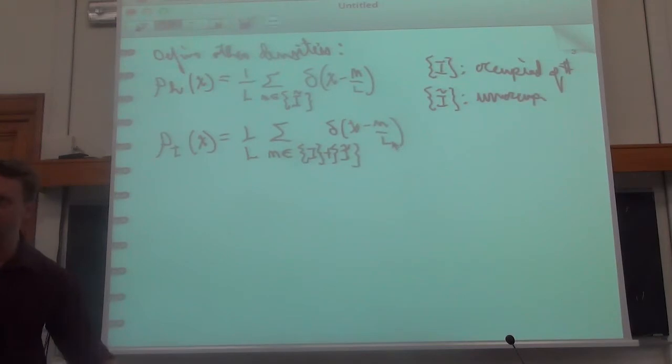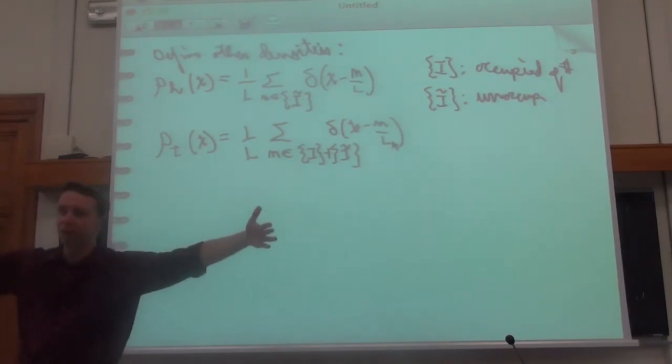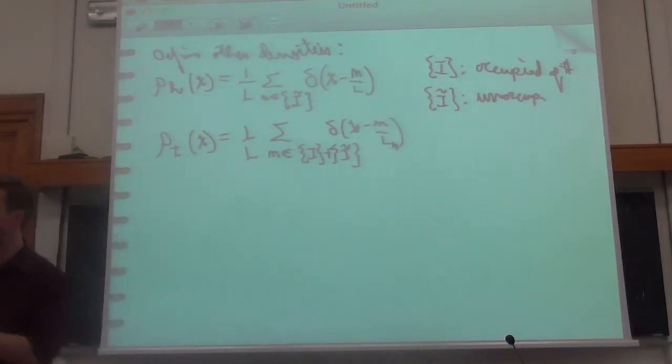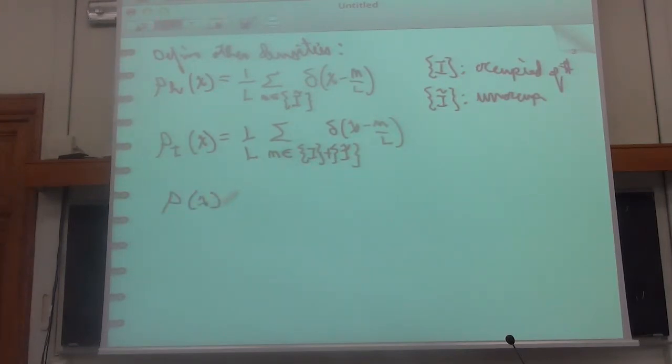So the rho total of x is kind of a trivial function because it's just a comb of delta functions on the appropriate lattice, going from minus infinity to plus infinity. We have the simple identity that rho of x plus rho hole of x is equal to rho total of x.